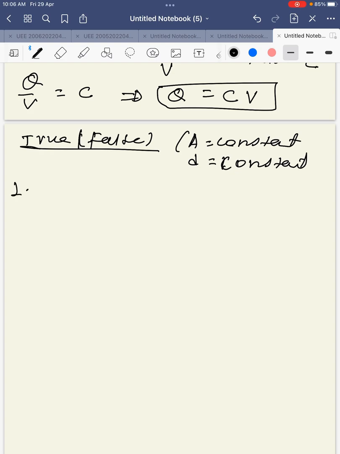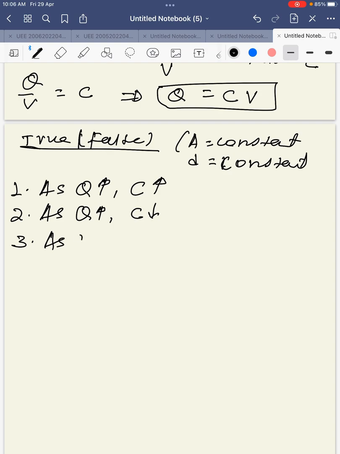1. As charge increases, capacitance increases. 2. As charge increases, capacitance decreases. 3. As voltage increases, capacitance increases. 4.